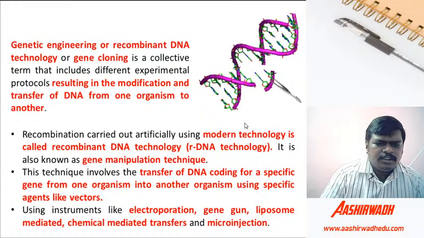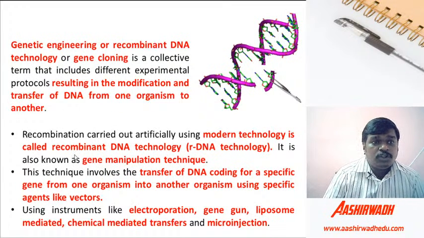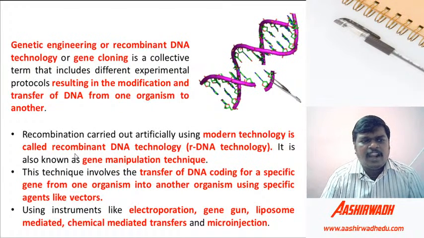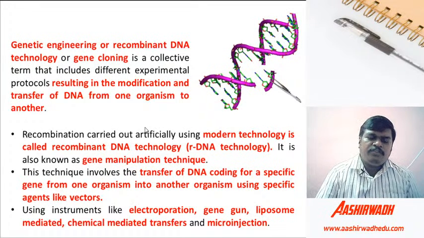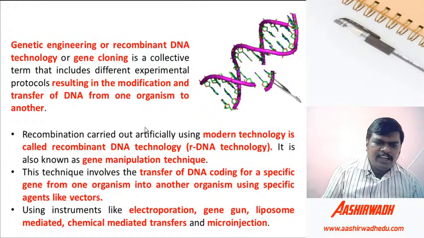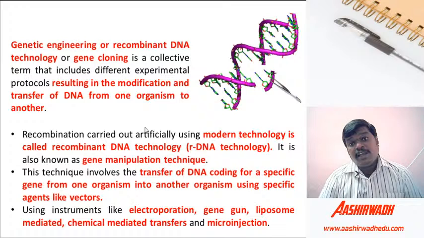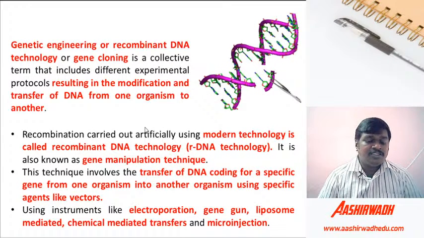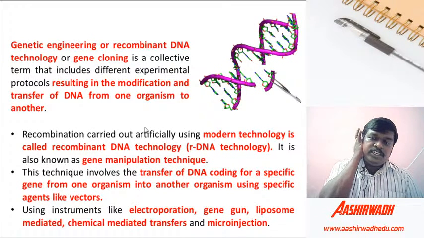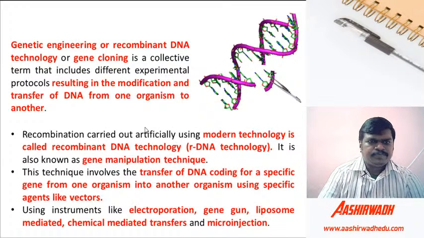So here the genetic engineering means modification and transfer of DNA from one organism to another. That is called as genetic engineering. Genetic engineering is also known as recombinant DNA technology or rDNA technology. Since we are altering the genes, it is also known as gene cloning. It's also known as gene cloning process.